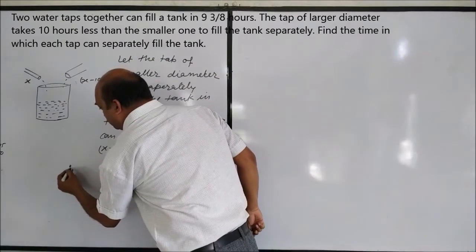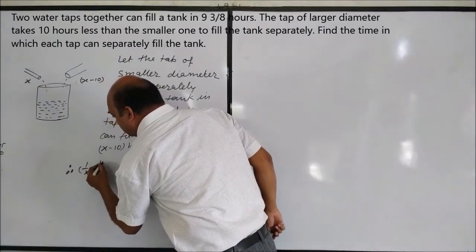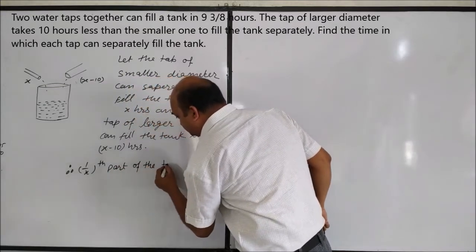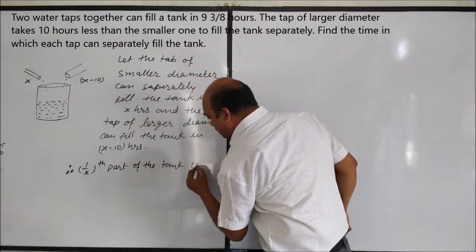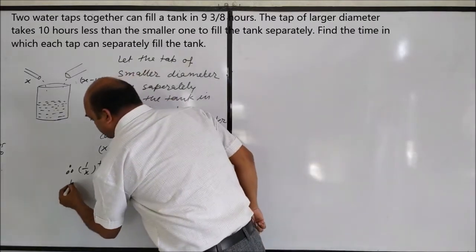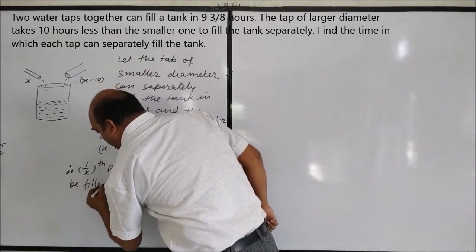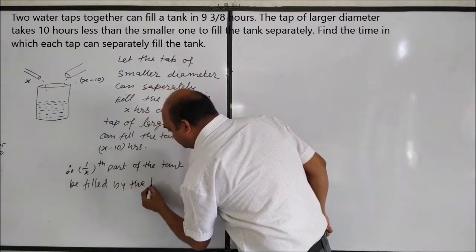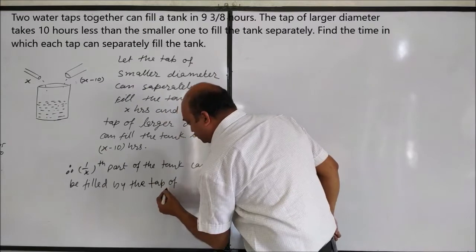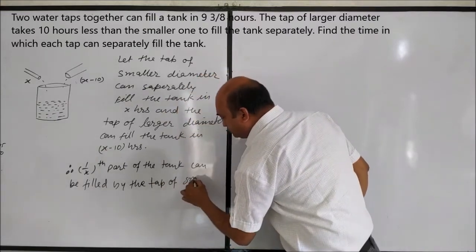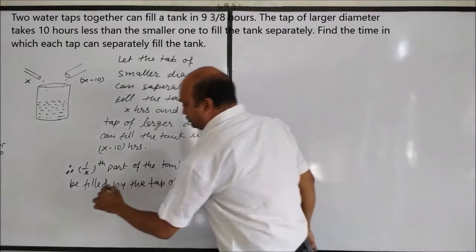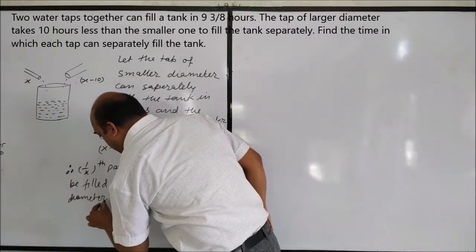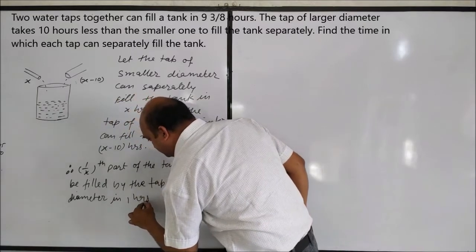Therefore 1 upon x part of the tank can be filled by the tap of smaller diameter in 1 hour.